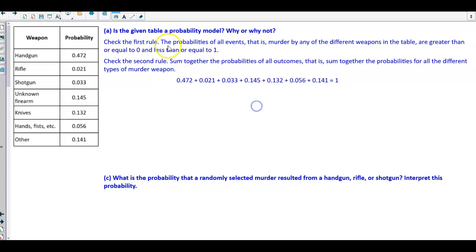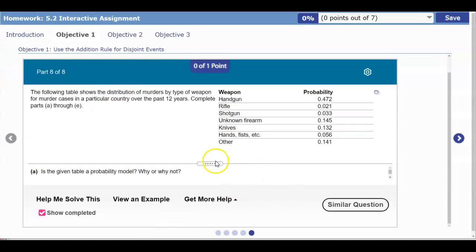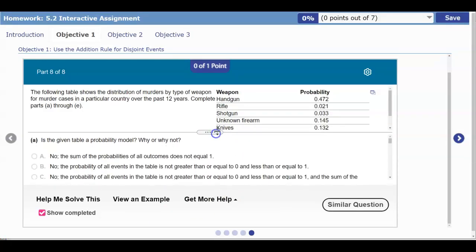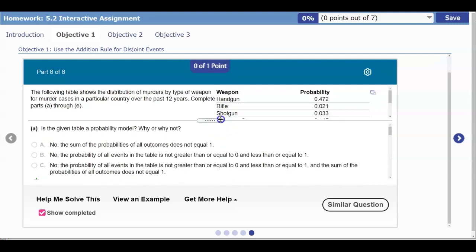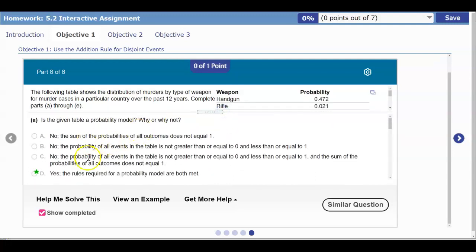So it checks for both rules. For part A, we would then say that yes, the rules required for a probability model are both met.